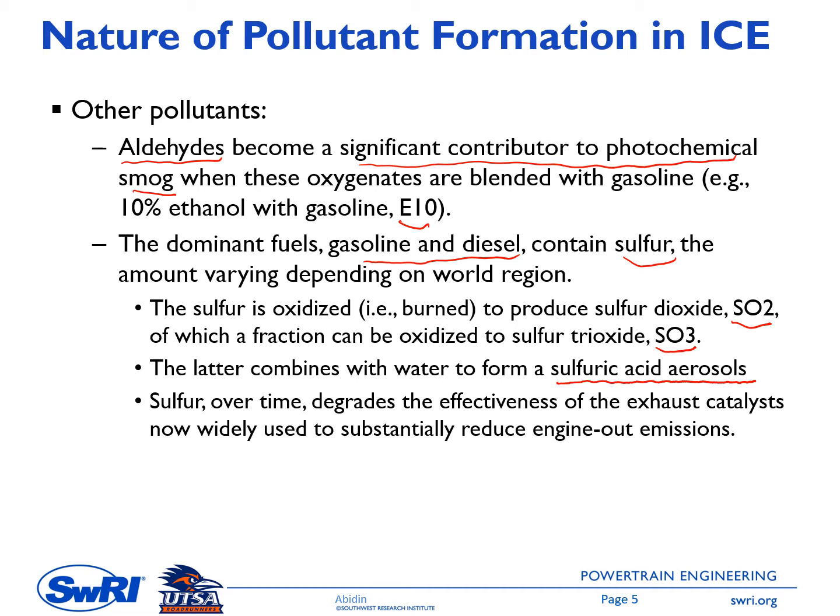Sulfur over time degrades the effectiveness of the exhaust catalyst, okay, and we have several exhaust after treatment systems that use catalysts like SCR, selective catalytic reduction, to reduce the NOx emission. We also have three-way catalysts that reduce the amount of NOx, unburned hydrocarbon, and CO.